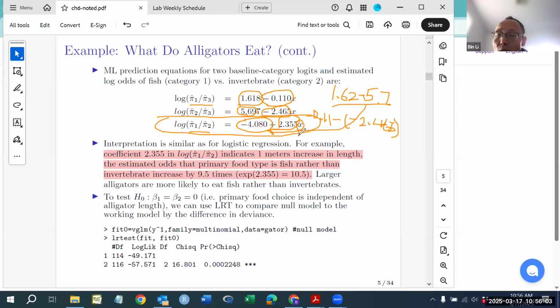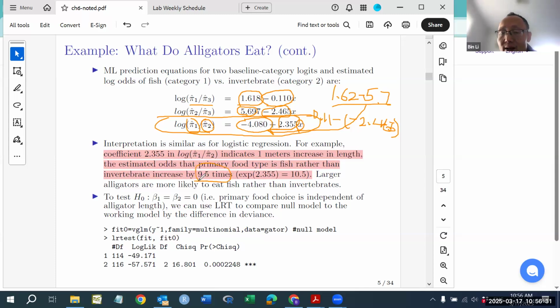Okay, so by 1 meter increase in the length, the estimated odds that the primary food choice is fish, because the fish is category 1, rather than the invertebrate, that's category 2, is increased by what? 9.5 times.